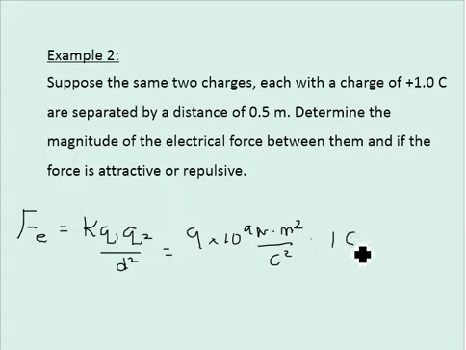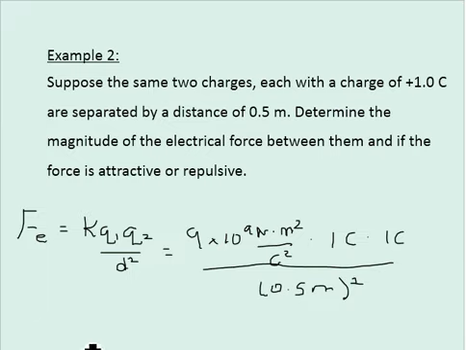Times 1 coulomb times 1 coulomb. But in this case now, we have our distance as half a meter squared. So what we find, again, everything, our coulombs and coulombs cancel out. Our meter squared will cancel out with our meter squared, but remember we still square a number.